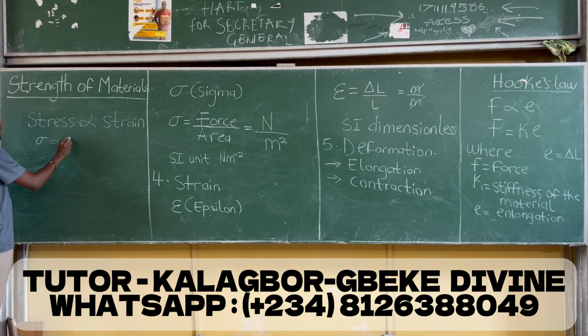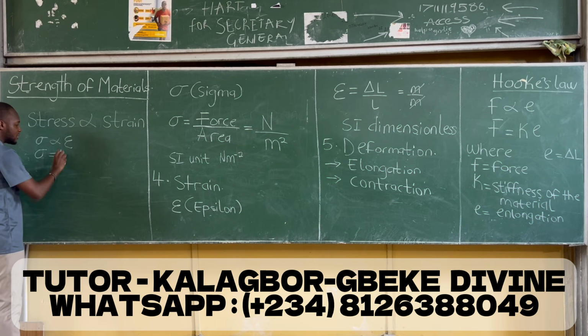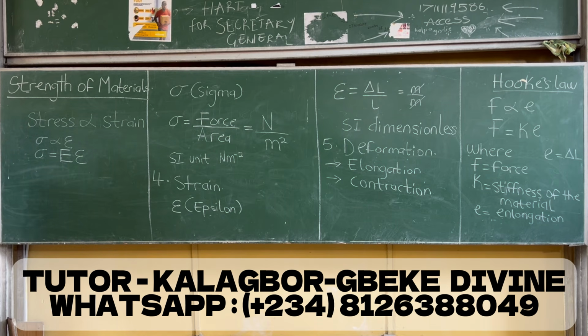The symbol for stress is sigma, and the symbol for strain is epsilon. If we remove the proportionality sign, we have a constant, capital E. So sigma is equal to E times epsilon. Are you seeing it?